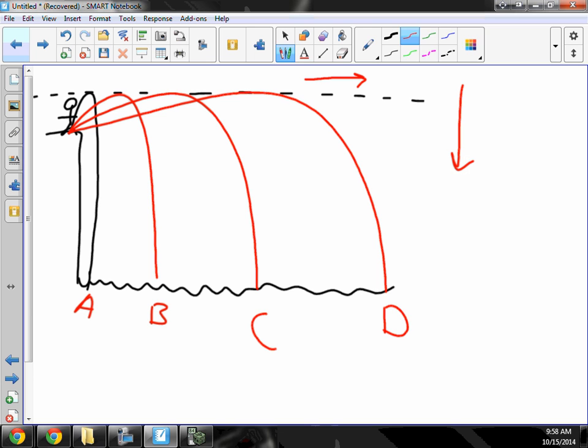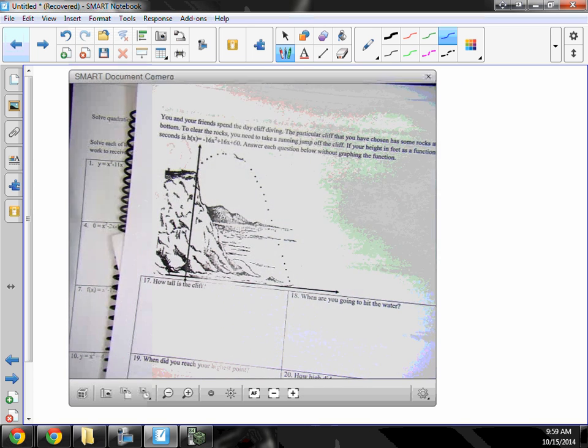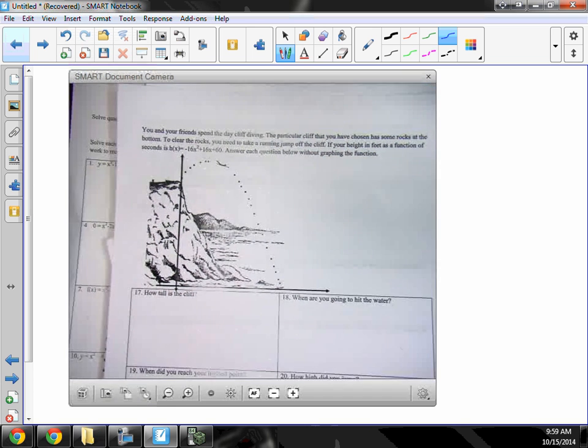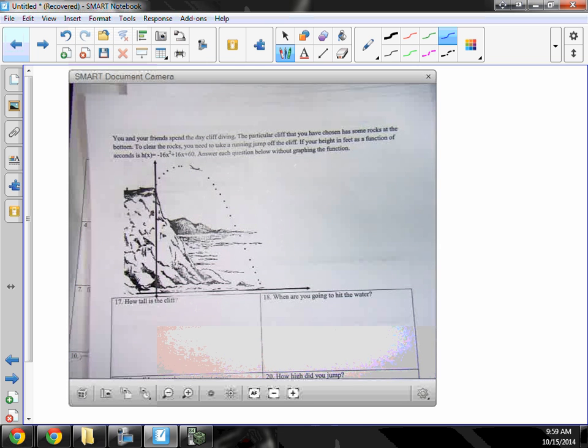At 0 seconds, everybody's at the same height. At 3 seconds, everybody is at the same height. At 5 seconds, everybody is at the same height, and everybody hits the water at the same time. That's important. So, the equation is negative 16x squared plus 16x plus 60.